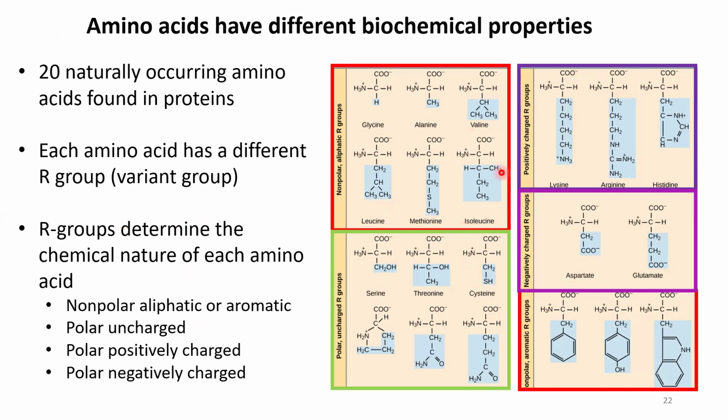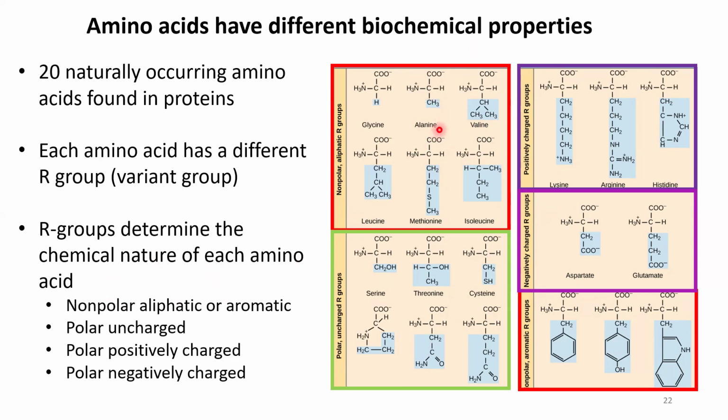Each of them has a different R group, and depending on the R group, we see the difference in the chemical nature of each amino acid, depending on how they look, how they react. You do not need to know the structures of these different amino acids.